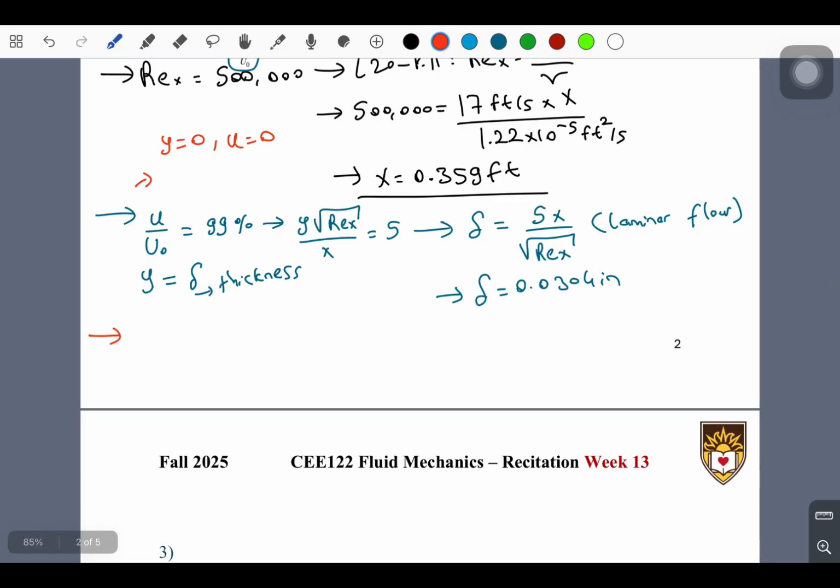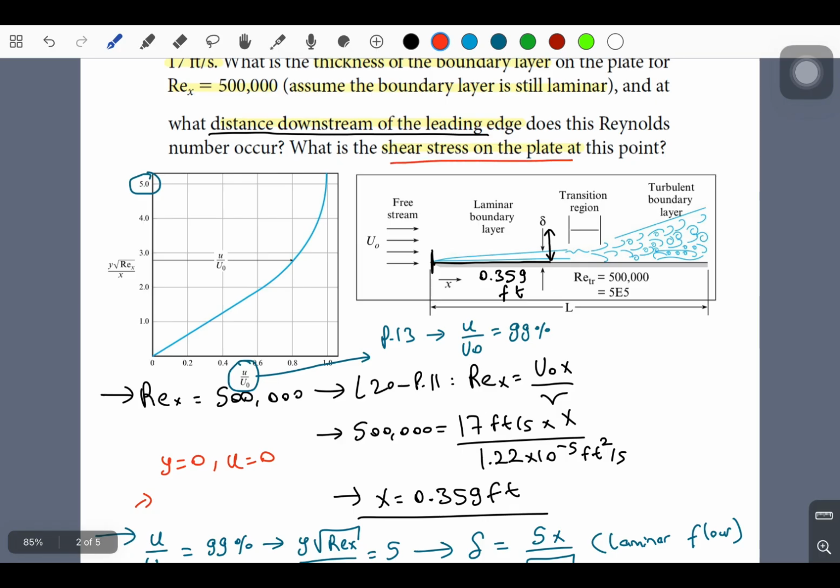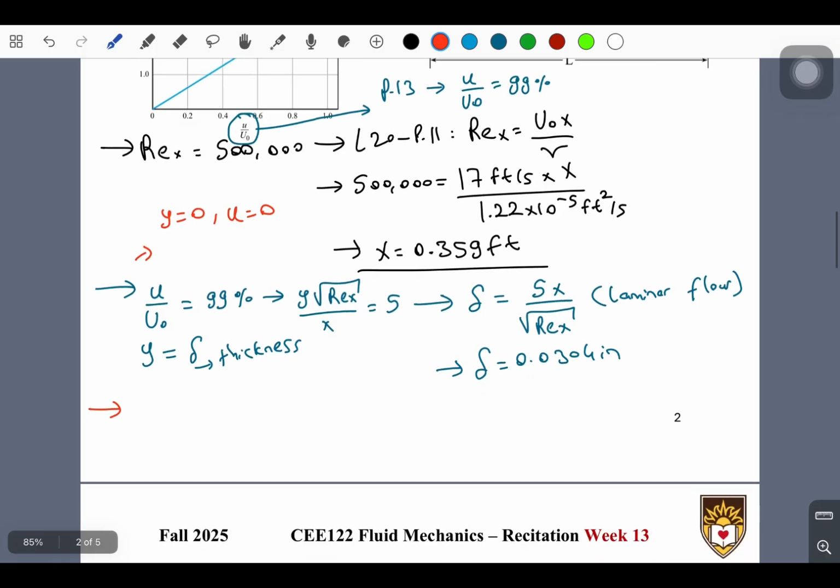And lastly, we are going to find the shear stress on the plate. Shear stress is equal to 0.332 times the dynamic viscosity times the free flow velocity divided by the distance and the square root of the Reynolds number.